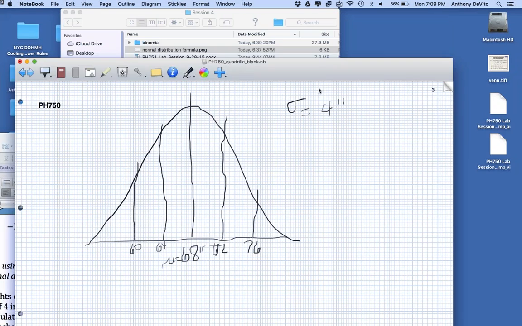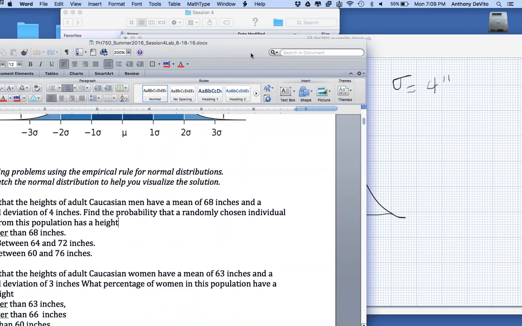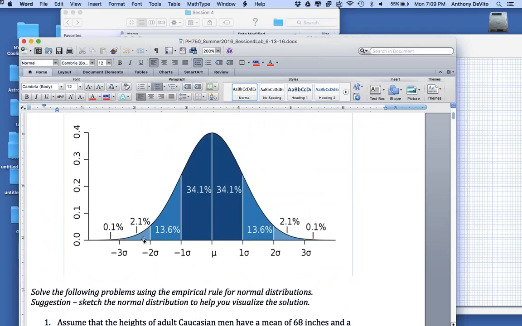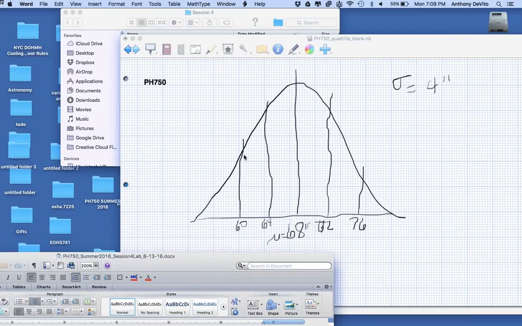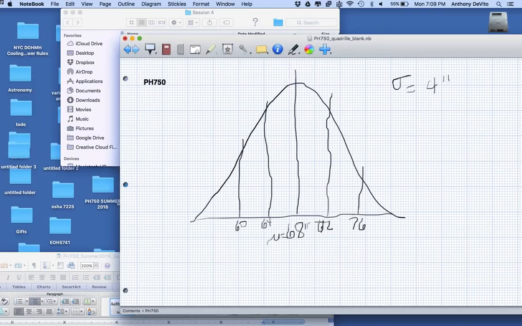Well, what does that tell me? If I look at my standard normal distribution, my empirical rule, what does that tell me? That tells me that between one standard deviation below the mean and one standard deviation above the mean is, what was it, 68%?